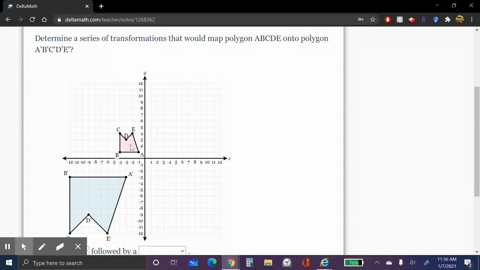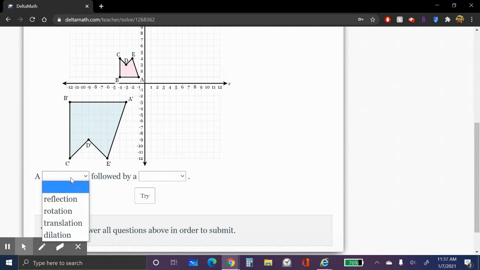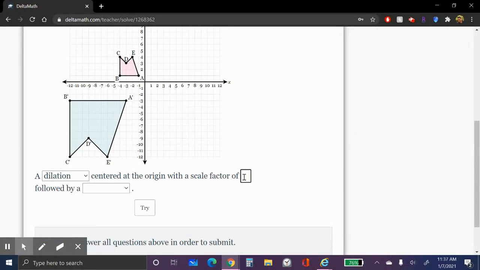Okay. Here's the pre-image. Here's my prime image. It gets bigger. AB becomes, so 3 to 1, 2, 3, 4, 5, 6, 7, 8, 9. So 3 to 9 means it's dilated by a scale factor of 3 times 3 is 9.